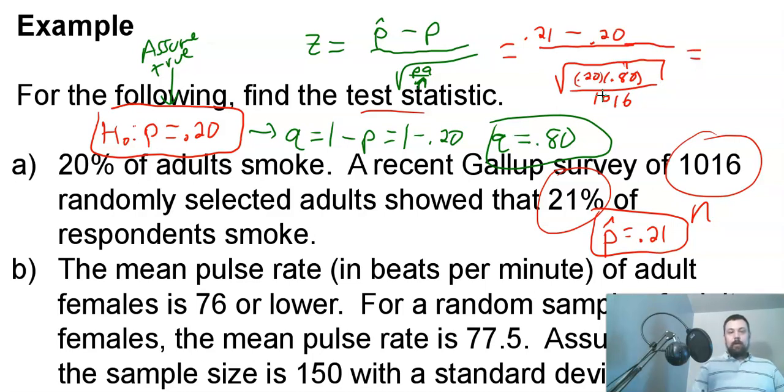That's plugging the numbers into the formula, and then we plug it into our calculator. The 1,016 is also inside that square root. I just want to make sure that's clear.